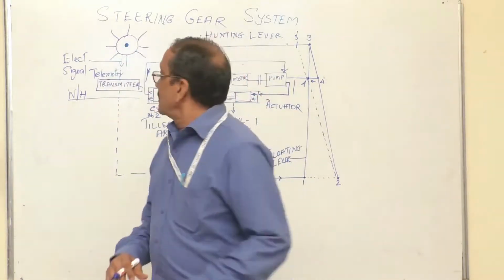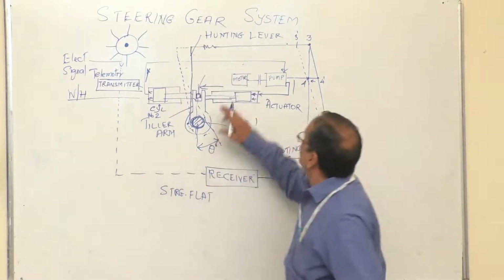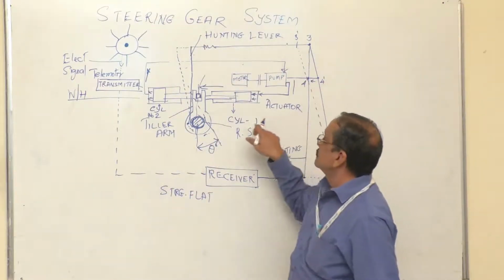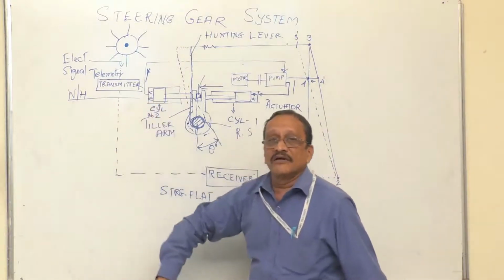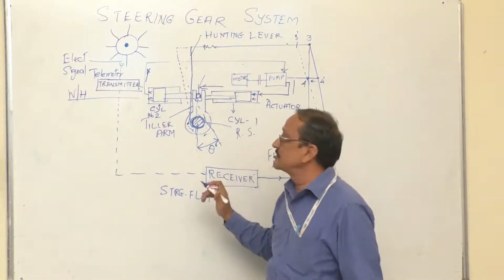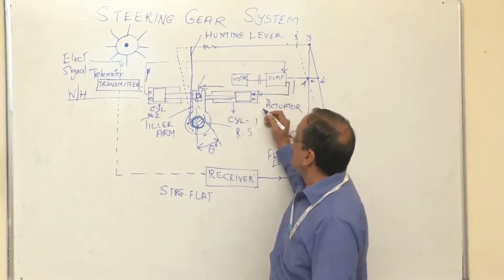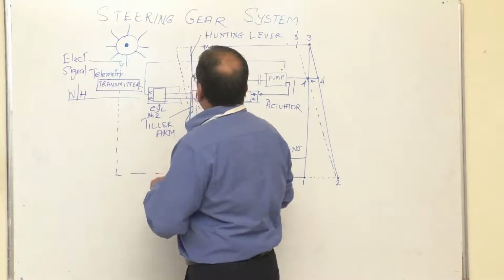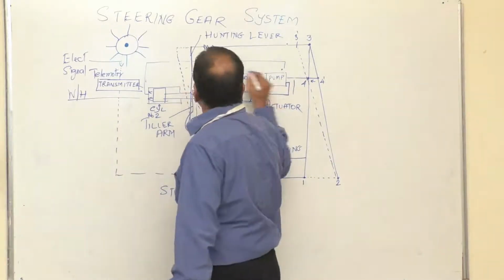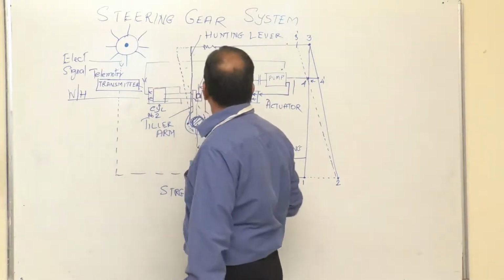Okay? Now we have seen that the oil is being pumped into cylinder 1. Now the seaman gets a command that it has to go in the reverse direction. In that case, what happens? This pumping action will get reversed. So the oil is being pumped in this direction over here.